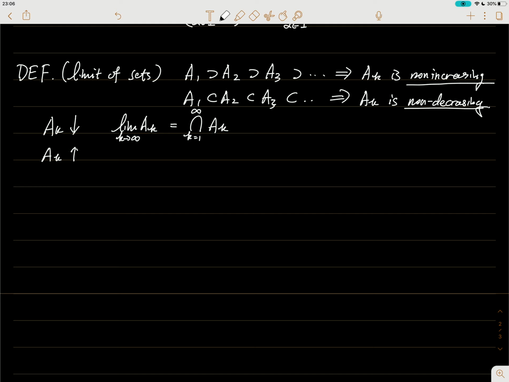If these A_k are non-decreasing, so A1 is included in A2, A2 is included in A3, then the limit of them is just the union of them. This is the meaning of the limits of sets, but only if they are monotone.